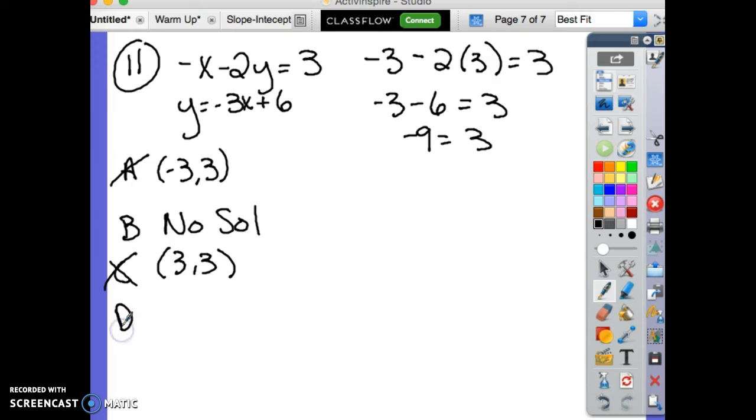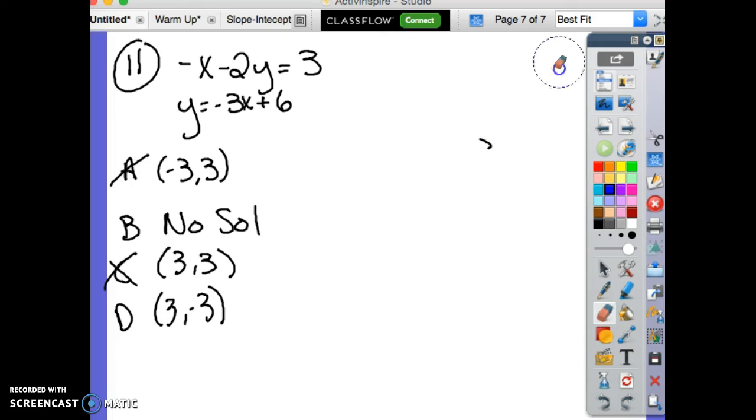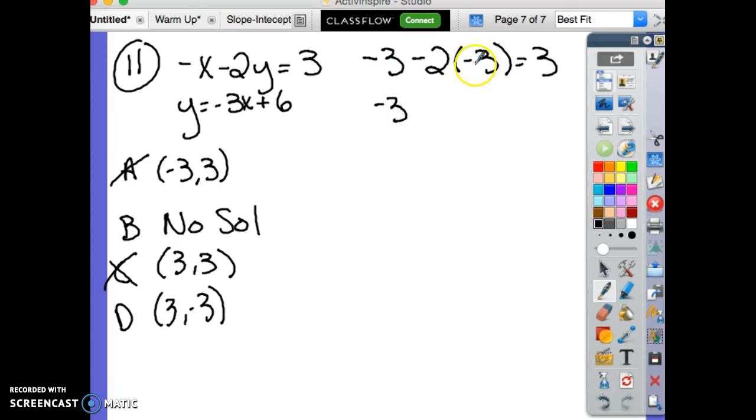So let's try D. If this doesn't work, then we know the answer is B. So 3, negative 3. I'll use the top one again. So negative x, so negative 3 minus 2 times negative 3 equals 3. Negative 3, negative times a negative is positive 6.